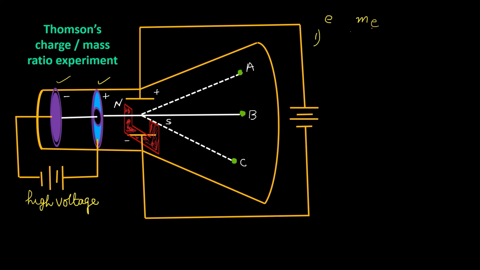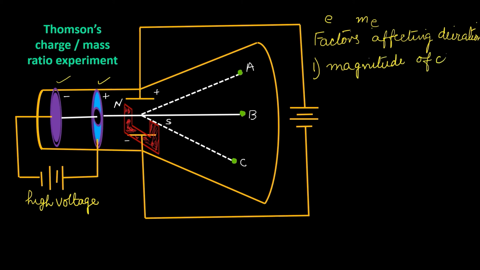He repeated the experiment for different values of electric field, magnetic field, and magnitude of the charged particles in the cathode rays. He analyzed his observations and came to the conclusion that the deviation of the cathode rays depended upon three factors. One factor was the magnitude of the charge.